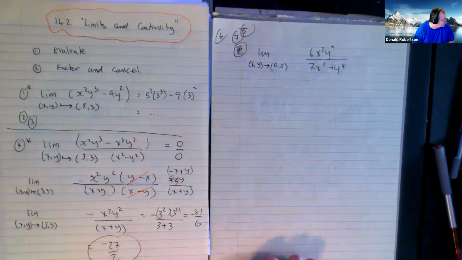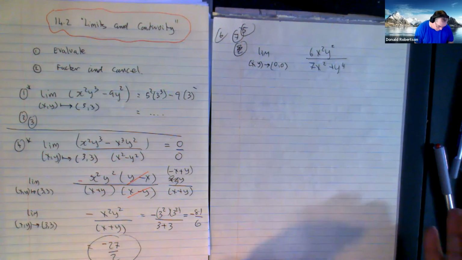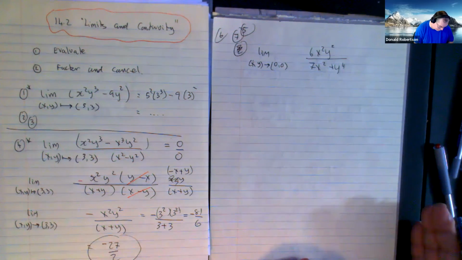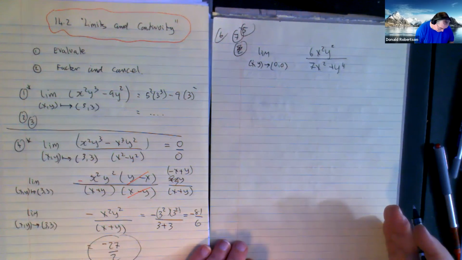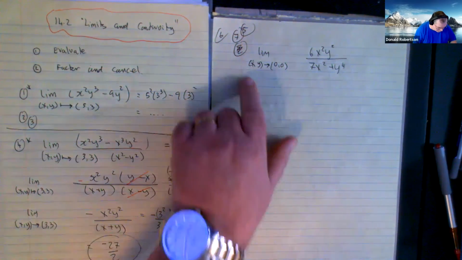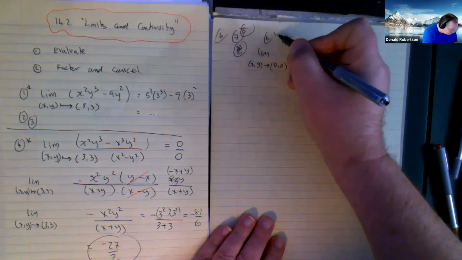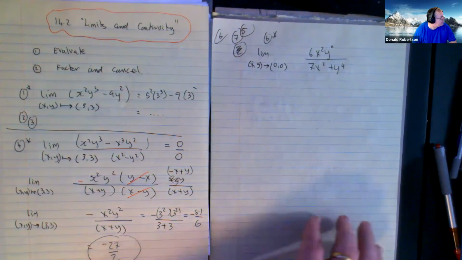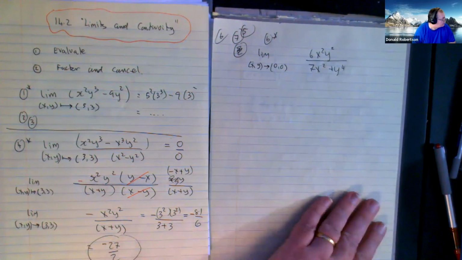I'm looking at their guy, and that's fine. I don't mind what they're doing here. It's not the way I would choose to do it. It would work. Let me hold off on question 6, which is this one. See if I can find one where I can show you the other method.